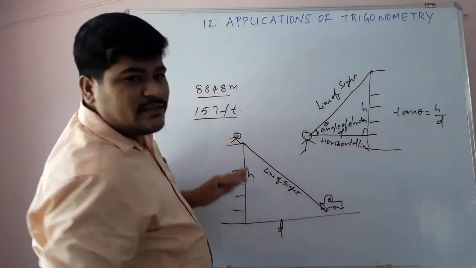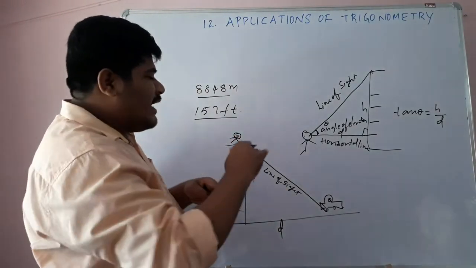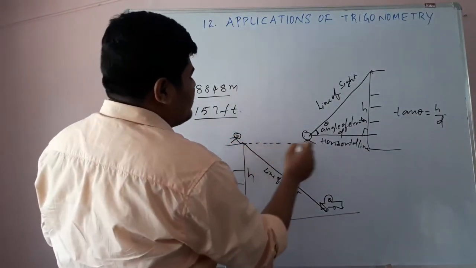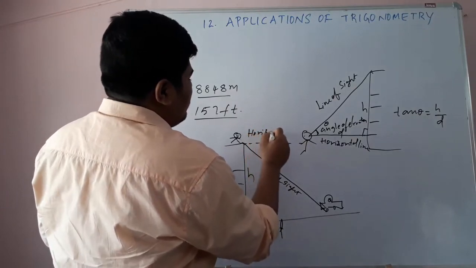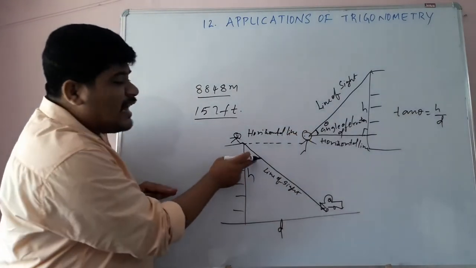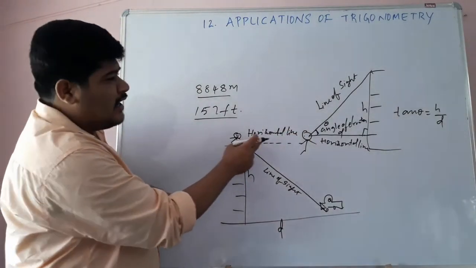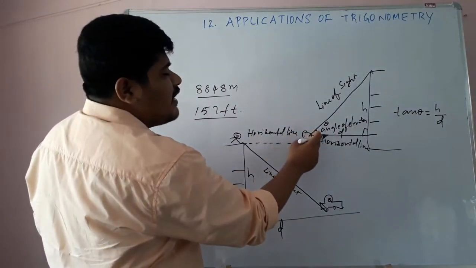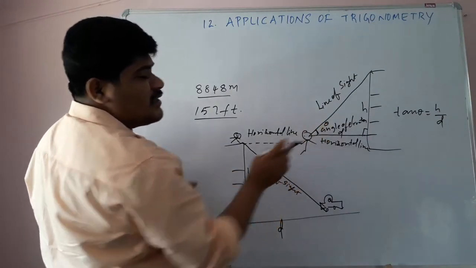The imaginary line drawn parallel to the earth is called the horizontal line. Students, see here the line of sight is below the horizontal line. Here the line of sight is above the horizontal line. This is the horizontal line, right?